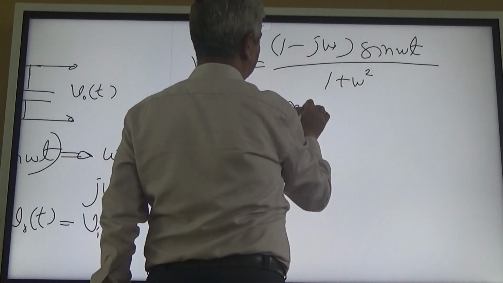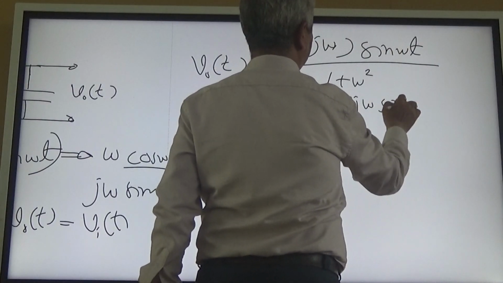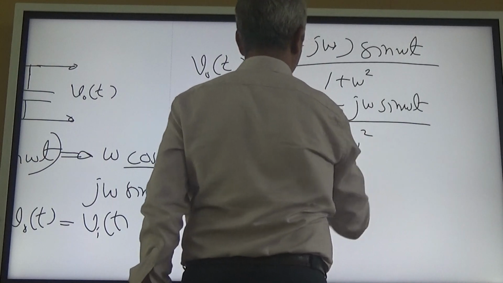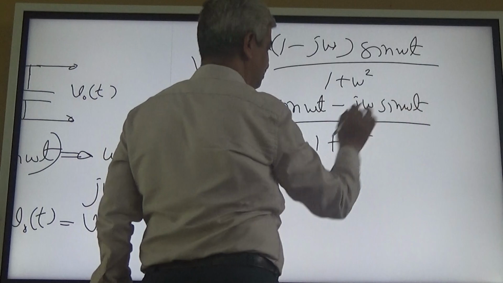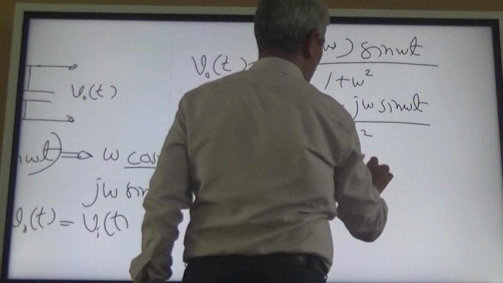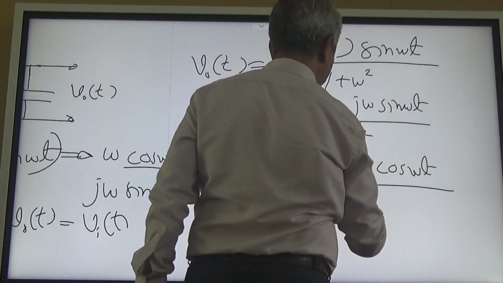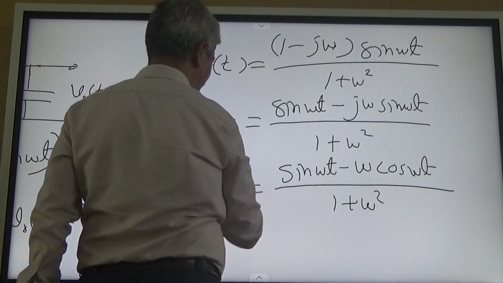So sin omega t minus j omega sin omega t, upon 1 plus omega square. What is j sin? j sin is cos. So sin omega t minus omega cos omega t upon 1 plus omega square is finalized.